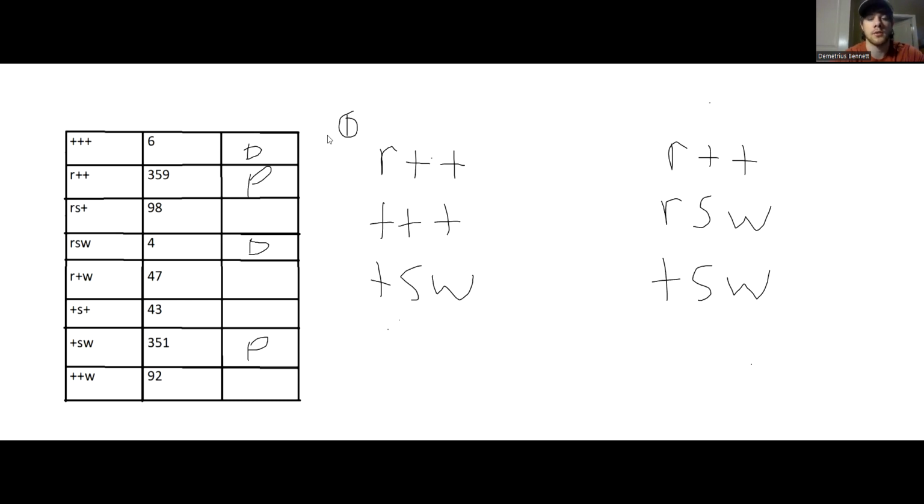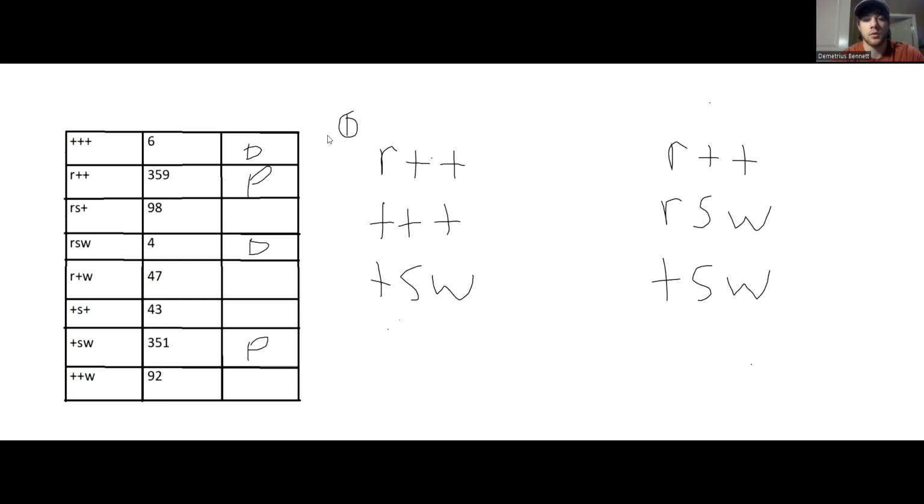Seeing our first parental phenotype, we have R plus plus. What is changing in that double crossover? We see that the pluses, the wild type, stay the same, but that R changes to a plus. So the R is what changes, and the big S and the big W stay the same.